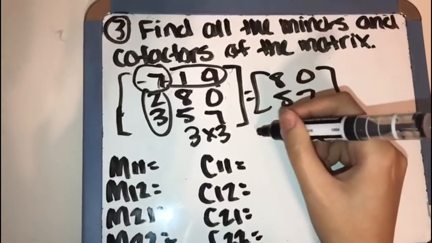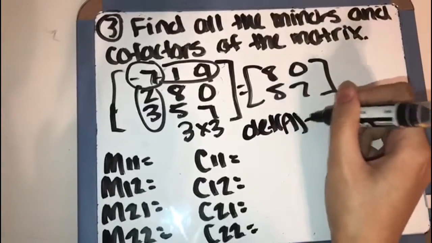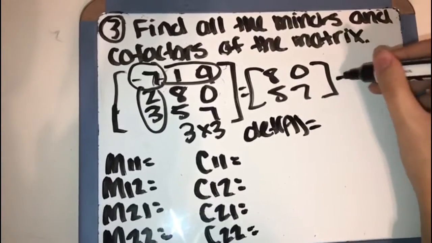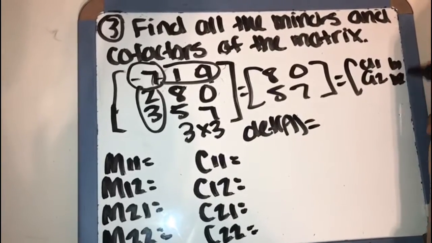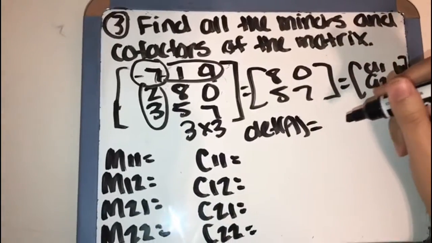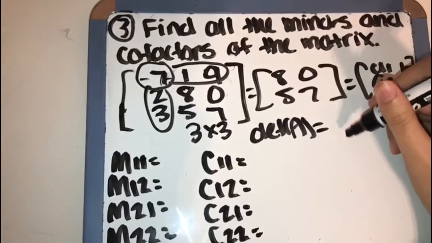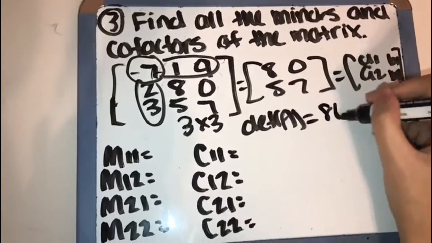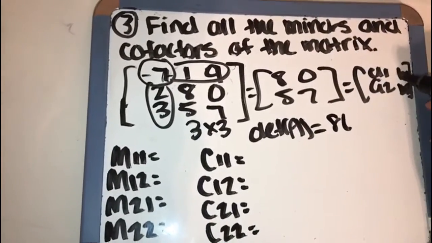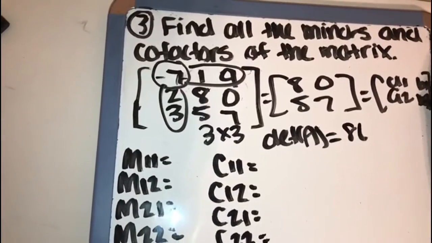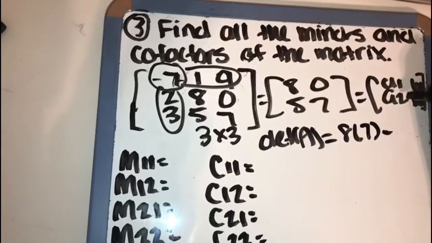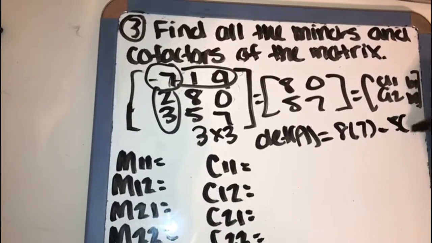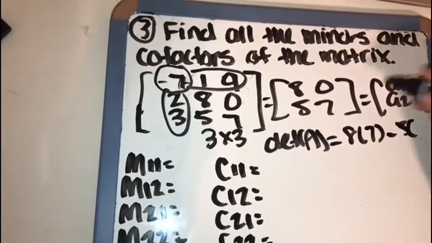Determinant A equals, so let's do the formula, A1, A2, B1, and B2. A1 is 8 times B2, so B2 is 7, minus A2, which is 5, times B1, which is equal to 0.